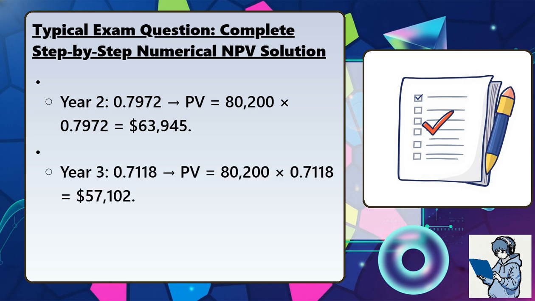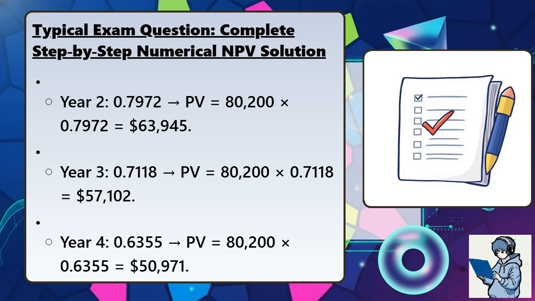Year 3 factor 0.7118. Present value equals $80,200 times 0.7118, which is $57,102.